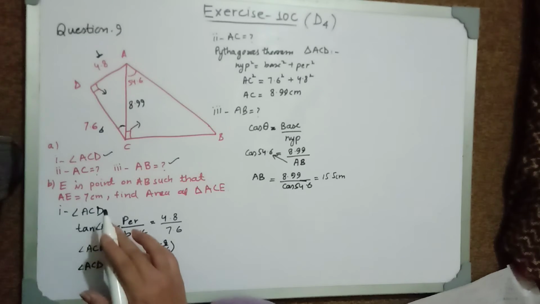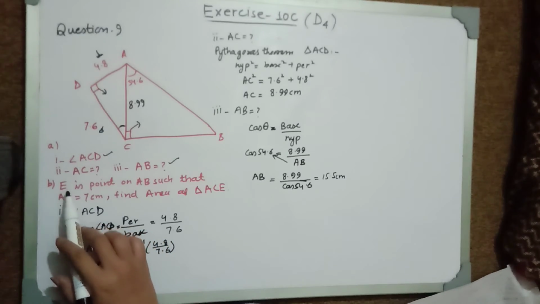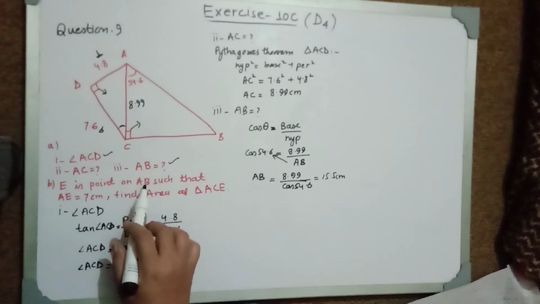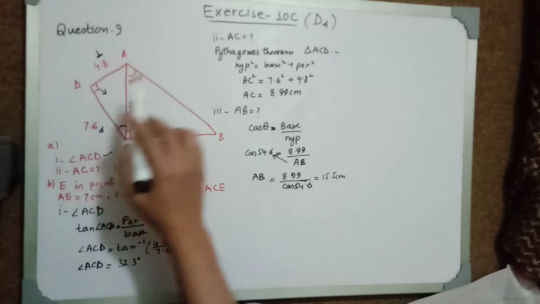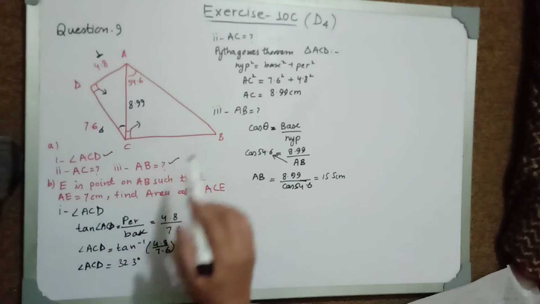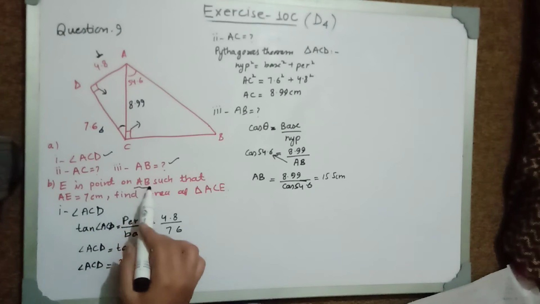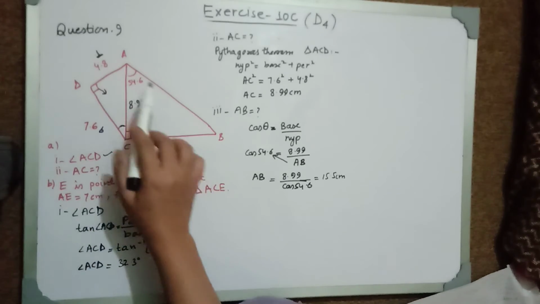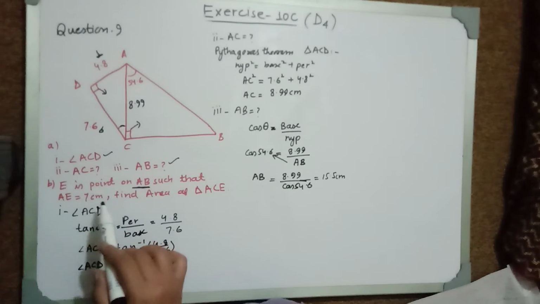Now look at part B of this same question. It is given that E is a point on AB such that AE is equal to 7 centimeters. We don't have a point E in this figure, but they have told us that there is a point E on AB such that AE is 7 centimeters.